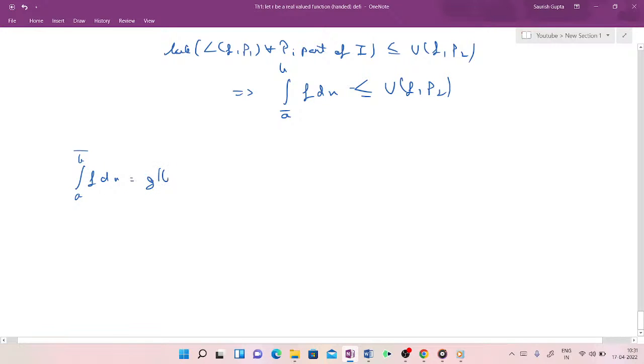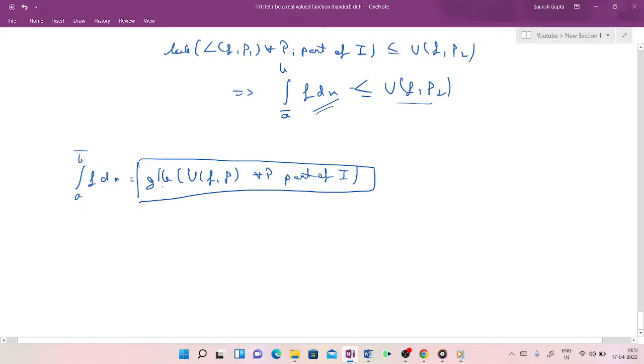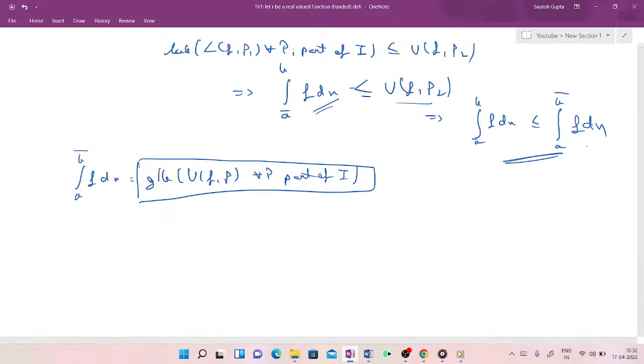This is the GLB of U(f, P) for all partitions P of I. So if the lower integral of f dx is less than or equal to all the upper sums possible for any partition in the interval, then it is obvious that this is also less than the greatest lower bound of all the upper sums of the function over all the partitions present in I. So from here we can write that the lower integral from a to b of f dx is less than or equal to the upper integral from a to b of f dx. Clear? Got it?